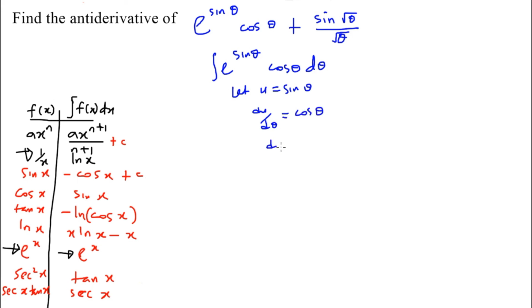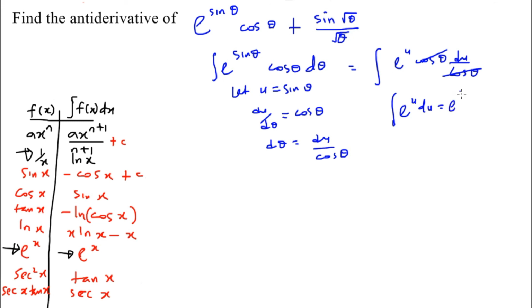If I make d theta the subject of the formula, I should have du over cos theta. So the integral will now become exponential u cos theta, then instead of d theta, I should have du over cos theta. So cos theta can cancel out, so that I will have the integral of exponential u du, which is equal to exponential u plus c. And of course, u is equal to sine theta, so the answer is exponential sine theta plus c. And that's the right answer for that aspect of the question.